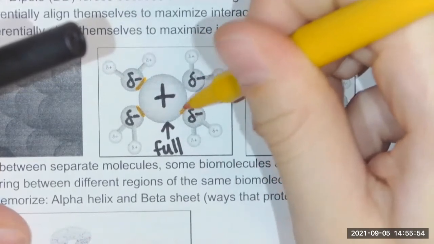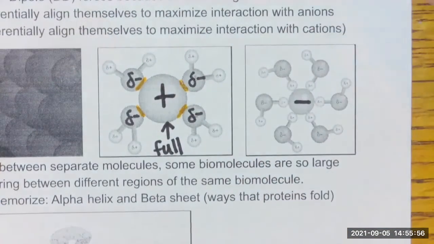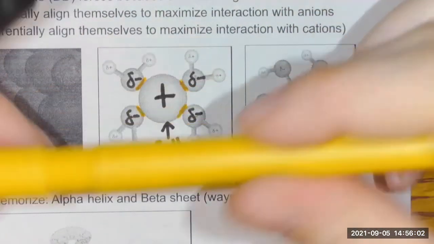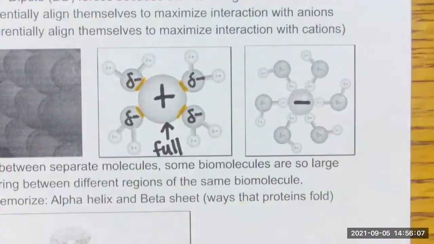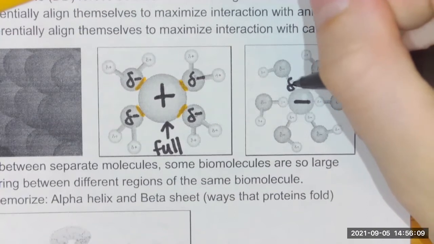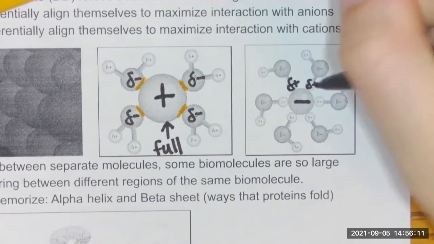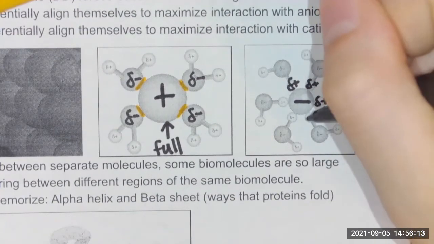So there would be the ion dipoles. Now it flips for the negative, because with the negative, you put your partial positive side in.